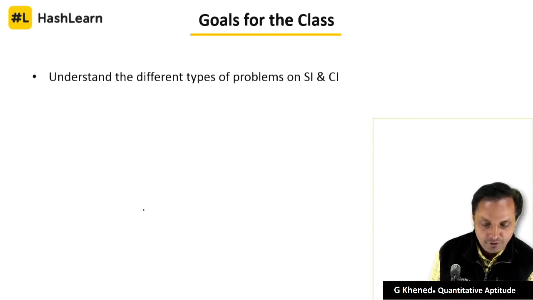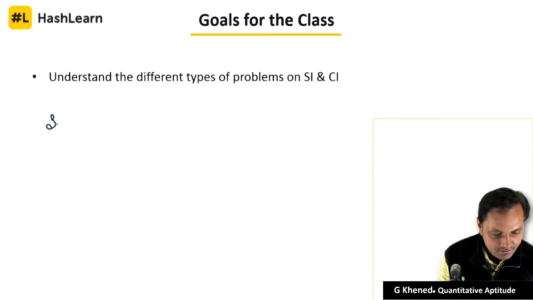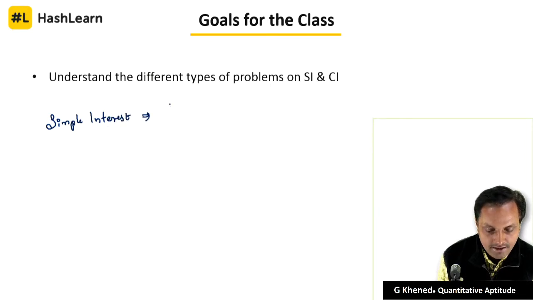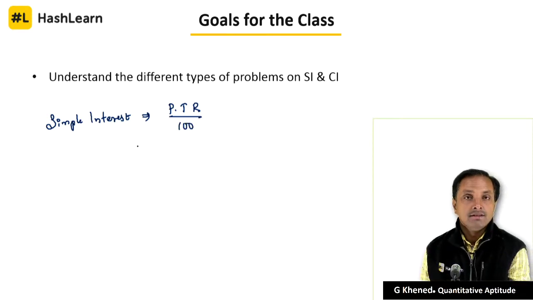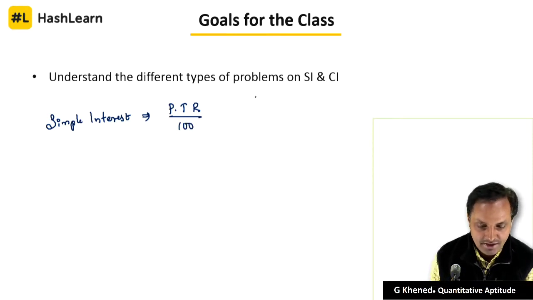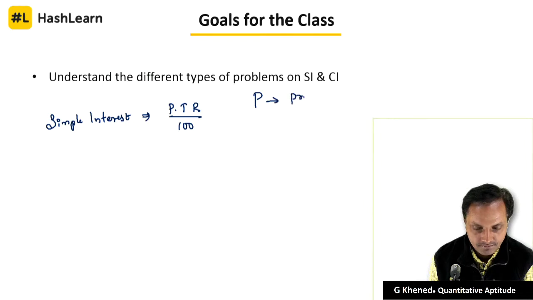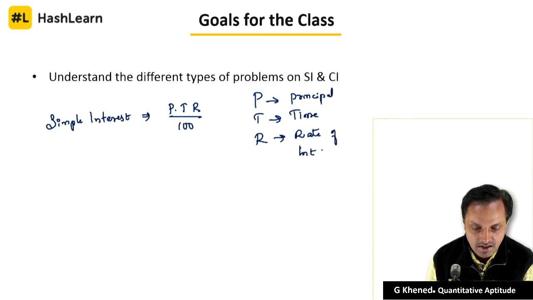Okay, so there are two formulas basically for simple interest. P T R by 100, this is your simple interest, where P is principal, T is the time duration, for example in years, and R is the rate of interest per annum.